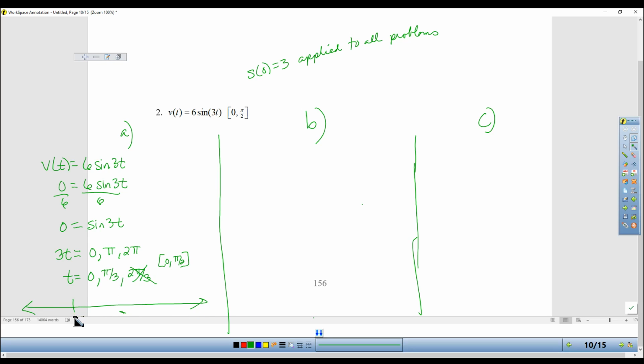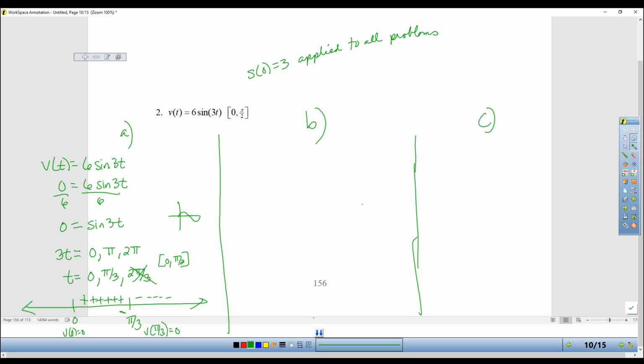So now I know that at time is equal to 0 and time is pi thirds, the velocity is equal to 0. Velocity at pi thirds is equal to 0. What is it doing in between? Well, hopefully you can just picture the graph of sine. Sine is positive, and then after it crosses 0, sine becomes negative. And then we're going to stop it at pi halves.